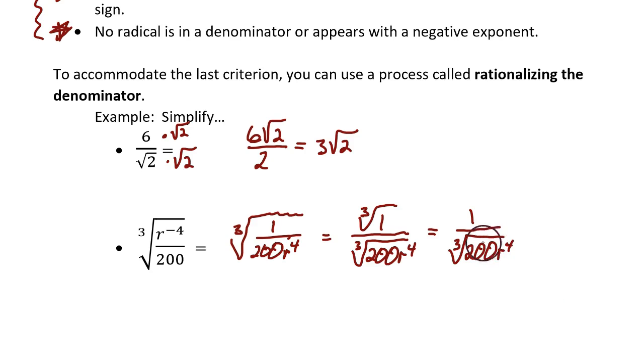But we're not done because there is a radical in the denominator of a fraction. So let's rationalize the denominator. Multiply the top and bottom by that radical.